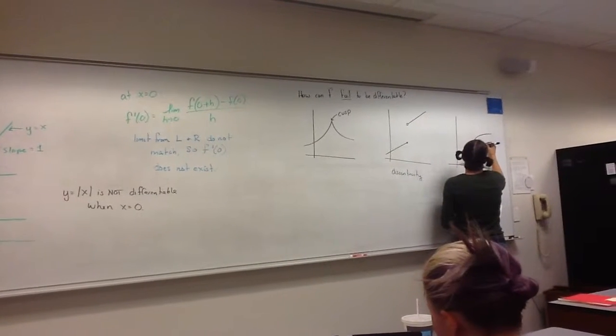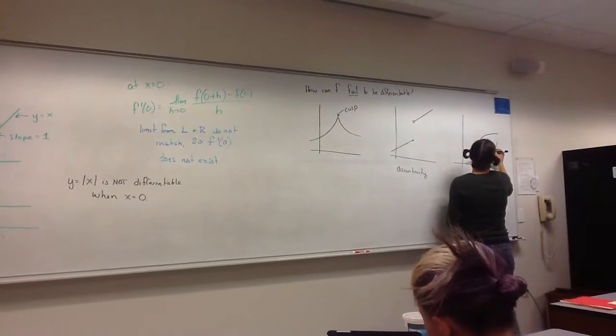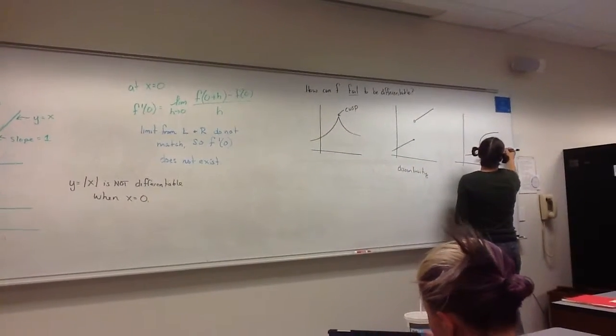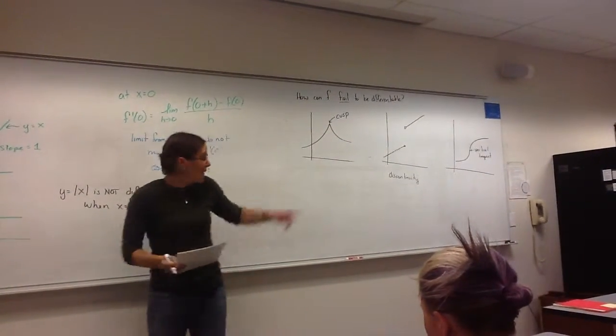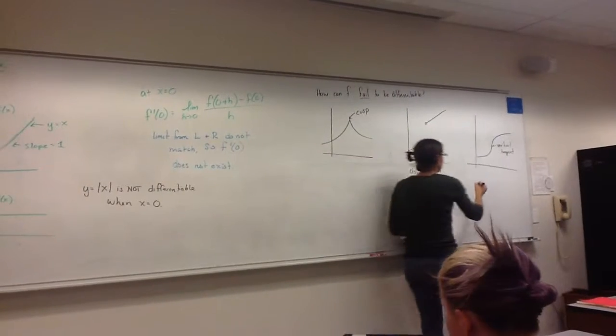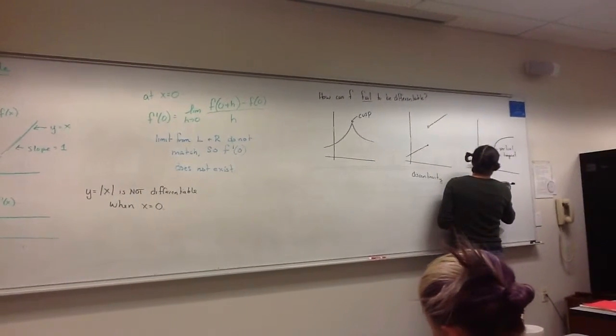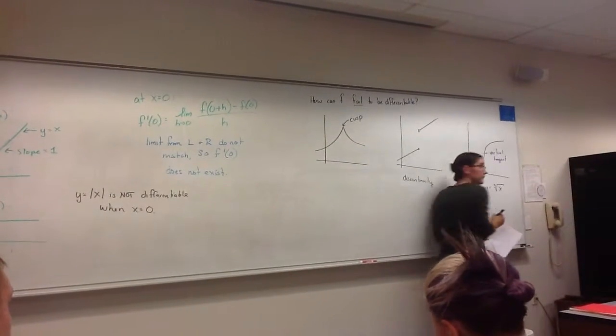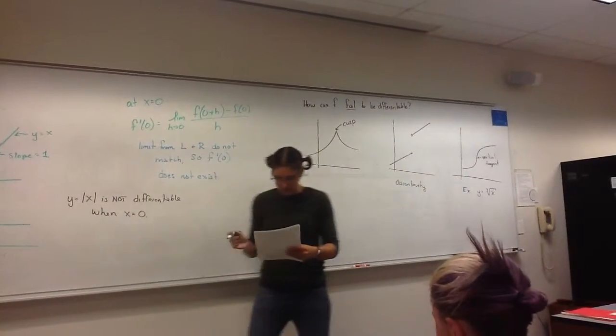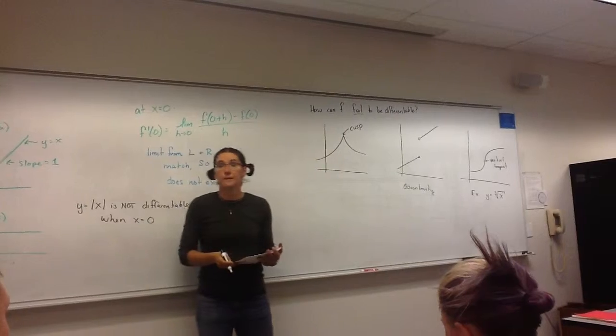So if we have a vertical tangent, at that vertical tangent the function fails to be differentiable. Now, where would you see something like a vertical tangent? An example of that might be y is equal to the cube root of x, which is an example of a function that has a vertical tangent.